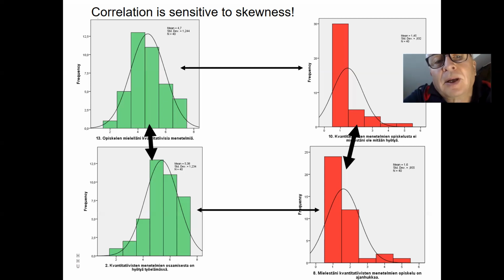When we work with correlations, as we will do in the rest of the course, typically we have to figure out if the skewness caused the correlations being small or big, or if it's actually the thing in itself that we are measuring that is validly presented.